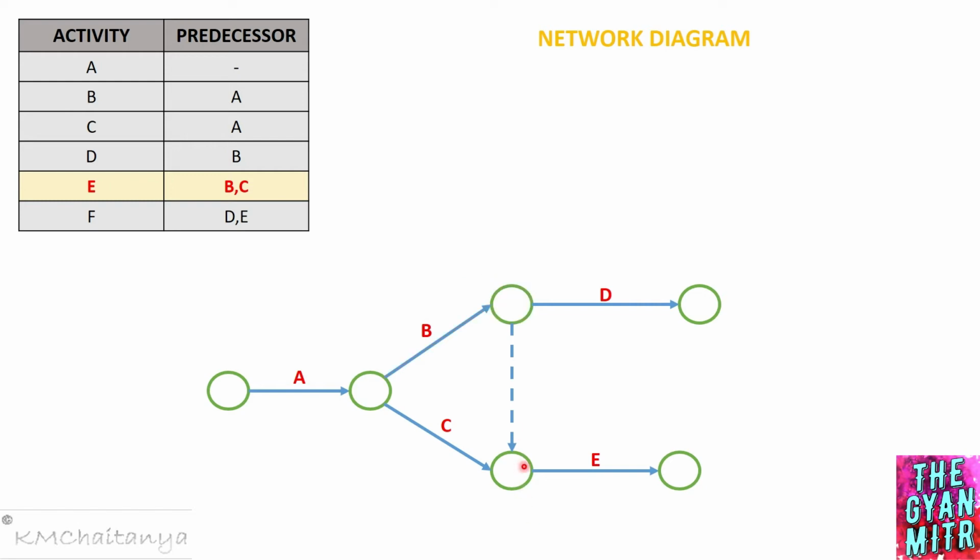Whereas at the node at the bottom, which are all the activities coming onto this node? One is activity B, which through the dummy is going to come over here, right? So activity B is there at this node, and the same activity I am just transferring over to this node. And also we have activity C, which is coming onto it directly.